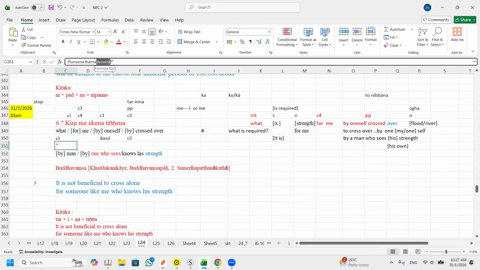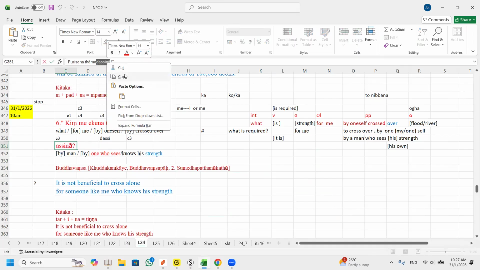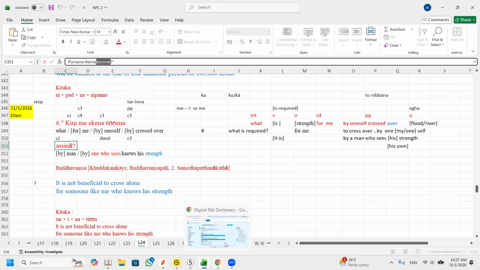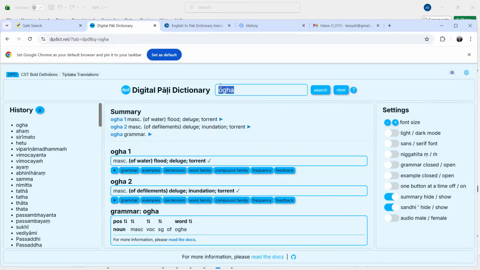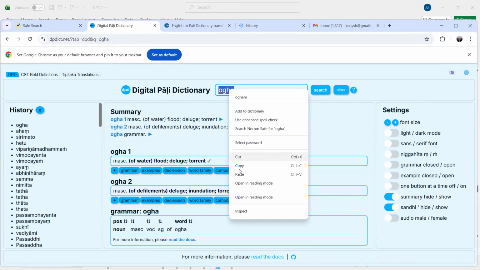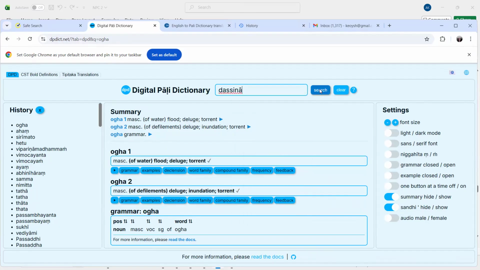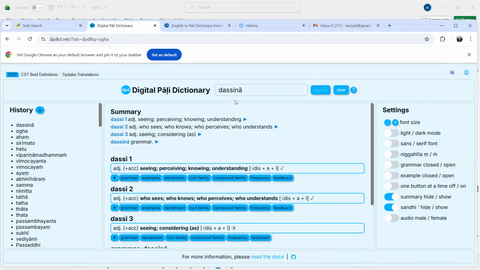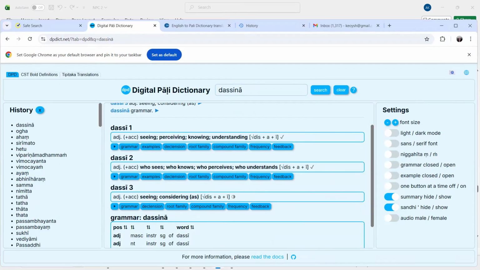You look at the long A, what case? First, you determine what case first. It is possible that na is instrumental, ablative, dative, genitive, locative. You have to look at it. Can you see this is dasi? Seeing. One who sees. Okay.